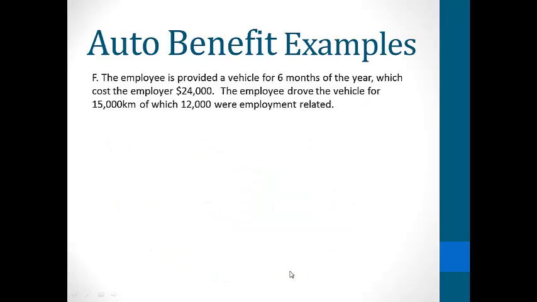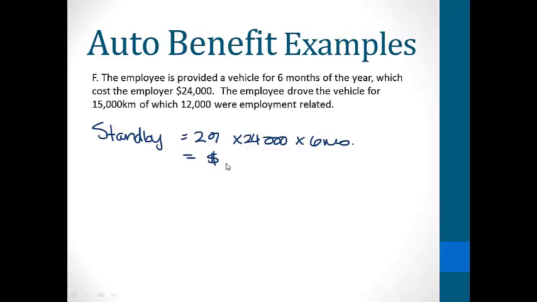In our last example, we're told the number of months that the employee has the vehicle for. So my standby is going to be 2% times the $24,000, the cost of the car, times the 6 months. So my standby charge is going to be $2,880.